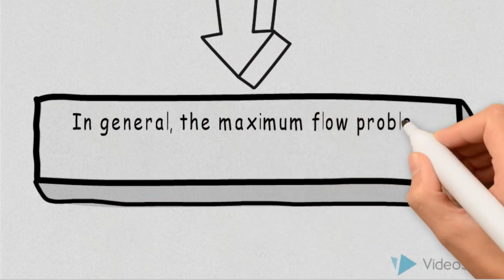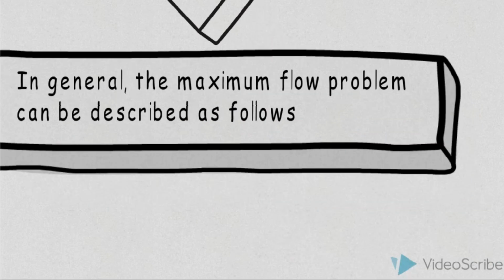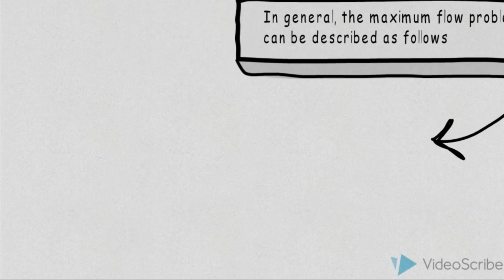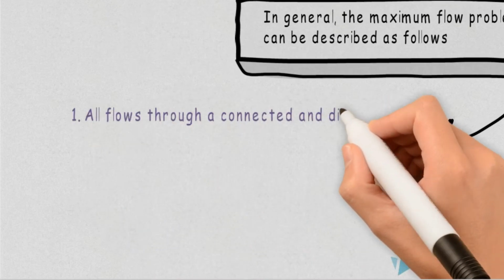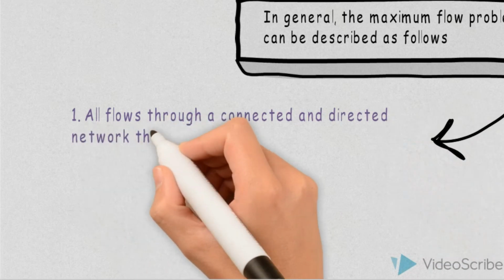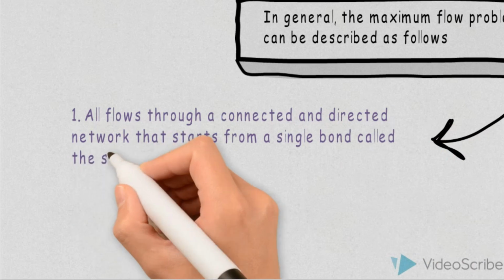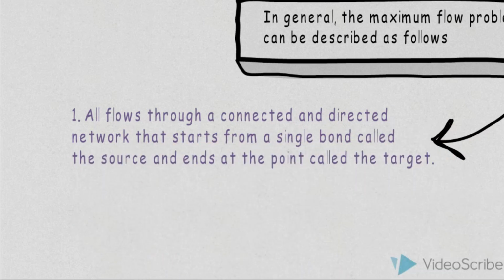In general, the maximum flow problem can be described as follows. One, all flow goes through a connected and directed network that starts from a single node called the source and ends at a point called the target.